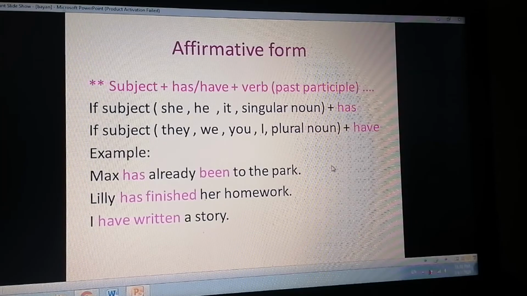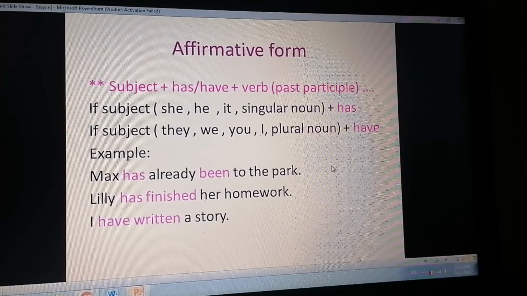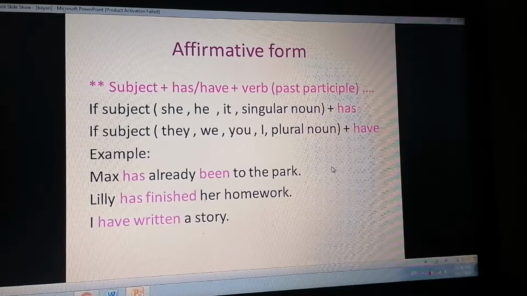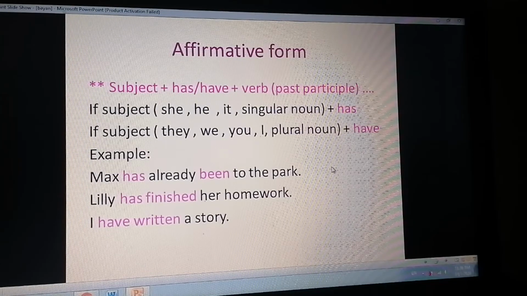But if the subject is they, we, you, I, or a plural noun, plus have. If the subject is she, he, it or a singular noun like Ali, Sammy, Mahmoud, plus has. If the subject is they, we, you or a plural noun like the children, the women, plus have. What does past participle mean? The third form of the verb, verb 3. The second form is used in simple past, and the third form is used as the past participle.